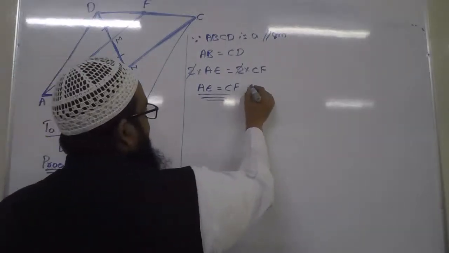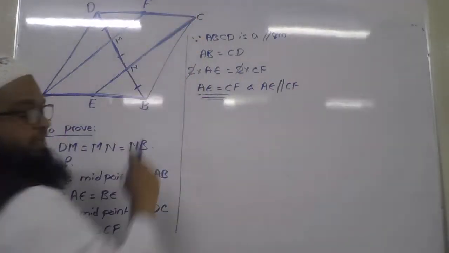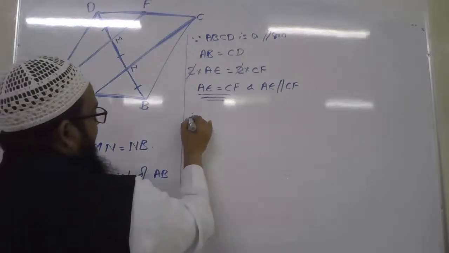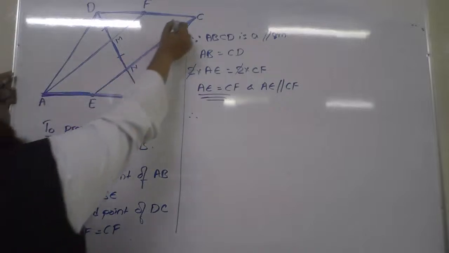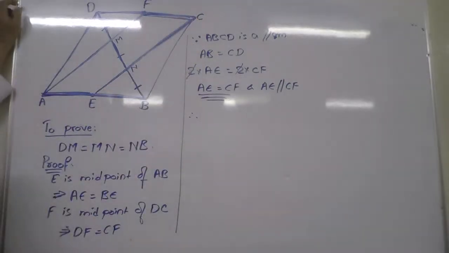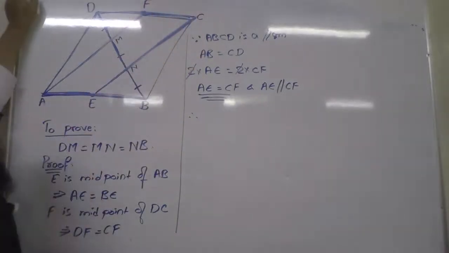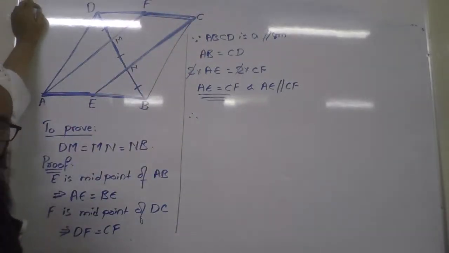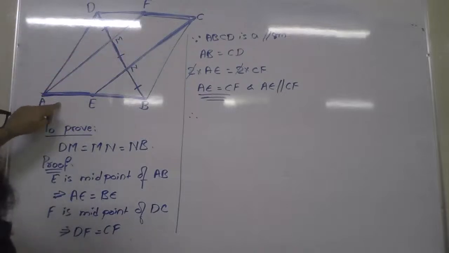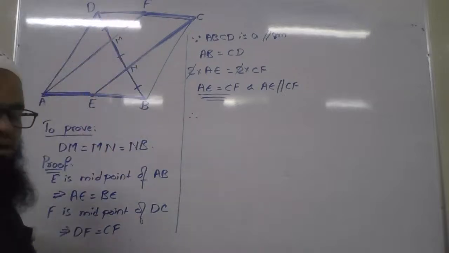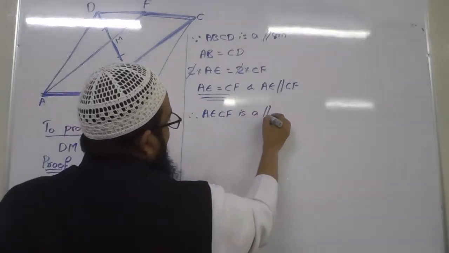Understood? AE is equal to CF. And also AE is parallel to CF because AB is parallel to CD. So therefore, since this one pair of opposite sides AE and CF are parallel and equal, what is AECF, my dear students? These sides are equal and these two are parallel. Very good, parallelogram. So therefore, AECF is a parallelogram.